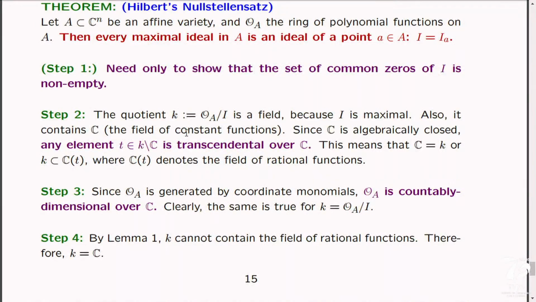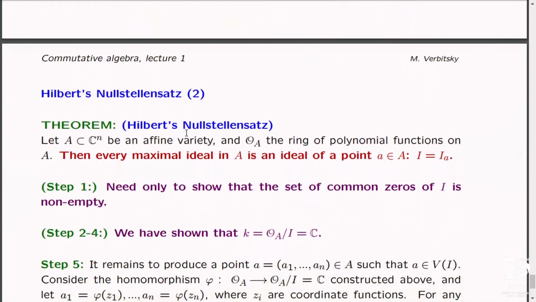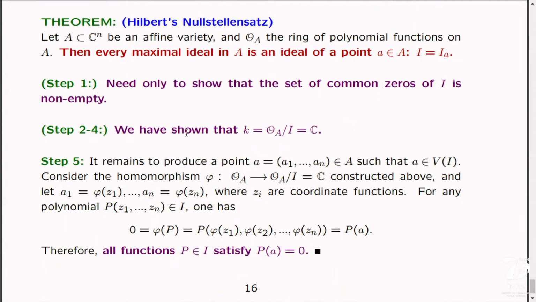Okay. So then what happens now is essentially a tautology. Let me explain. So we return to the statement of the Hilbert Nullstellensatz. Thus, we have a maximal ideal. It was denoted by I here.